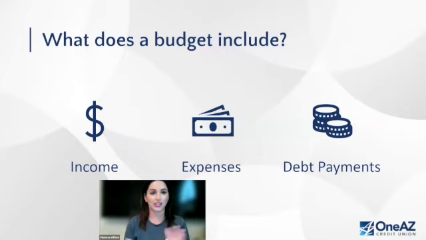I get asked this quite a bit when I sit down with our members to go over their budgets, but we talk about income. And that can be all types of income. Some of you have more than one source of income. You could include your significant other's income in that budget. Maybe you have child support in addition to your regular paycheck. Everyone's income is going to be different.